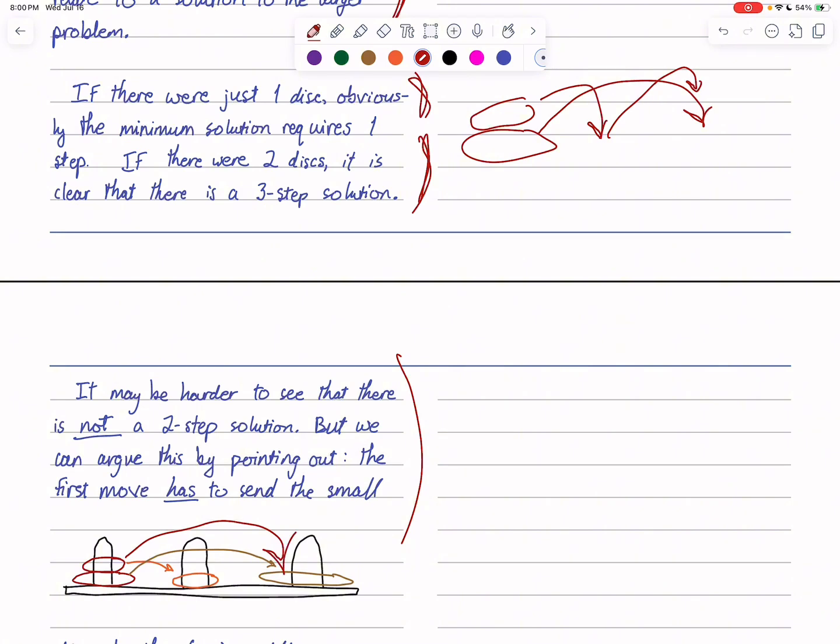And here's why. If we did, we would eventually have to move it off, because that bigger disc would have to go underneath it, and we'd have to eventually get the small one out of the way. So that's already 2 moves. And we wouldn't have a solution.